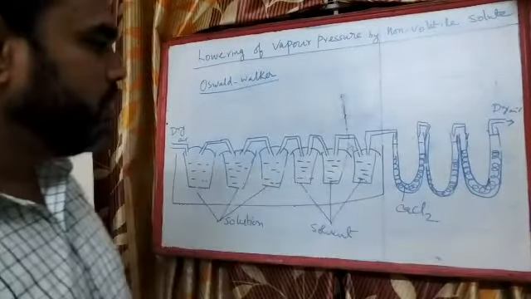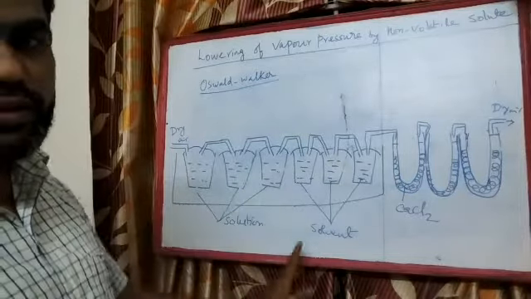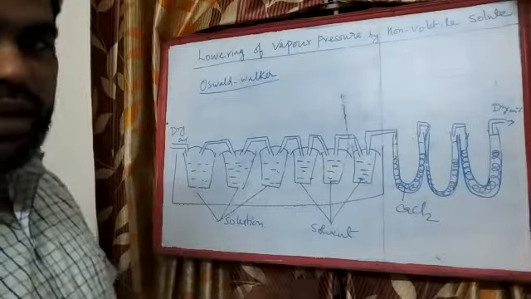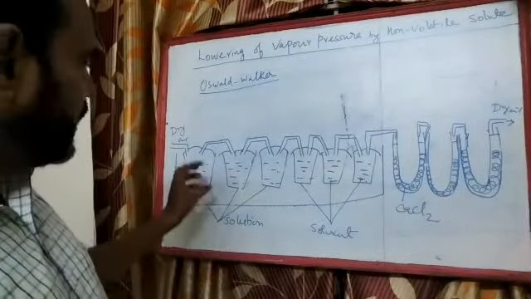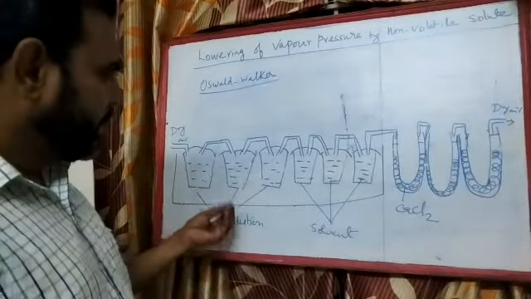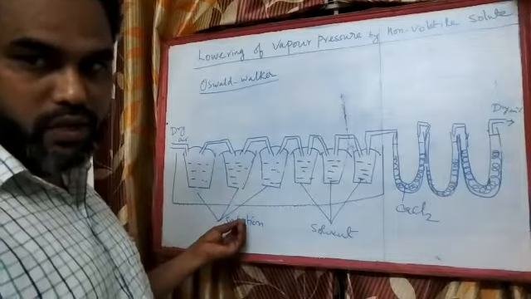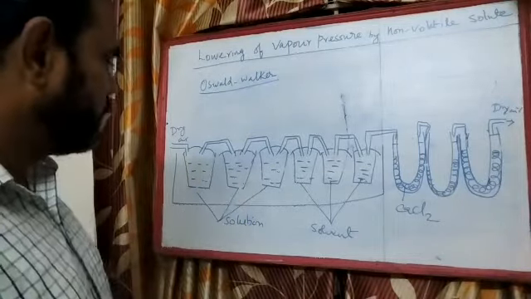Now let us pass the dry air through the solution compartment. When the dry air passes through the solution, it absorbs the vapors released by the solution, which is nothing but the vapor pressure of the solution.